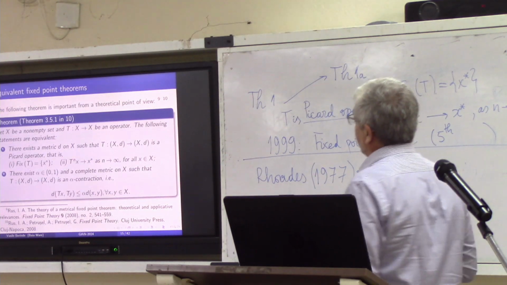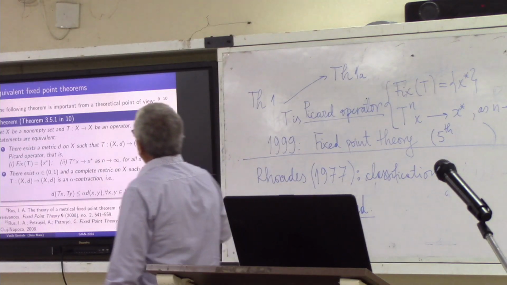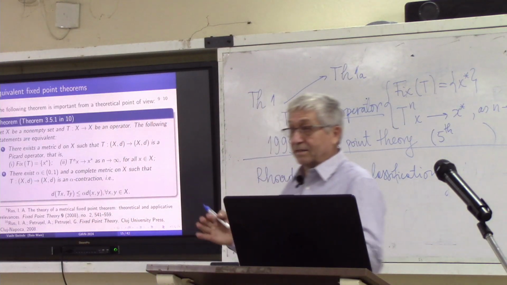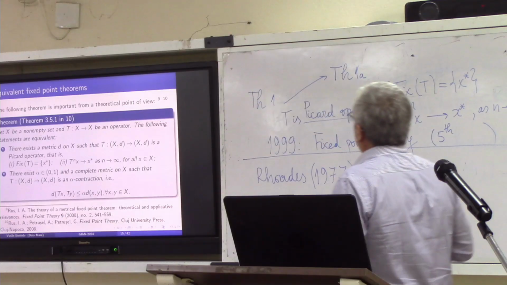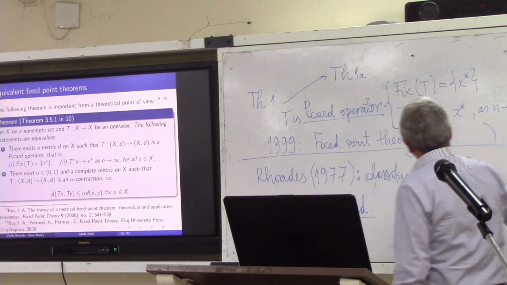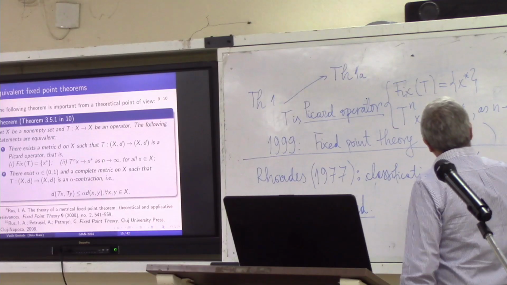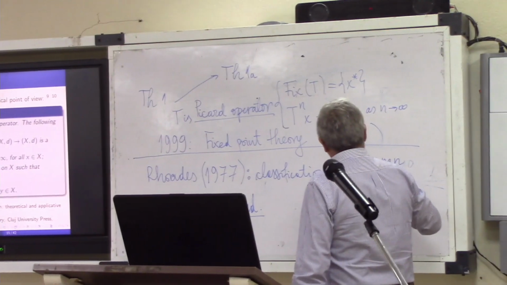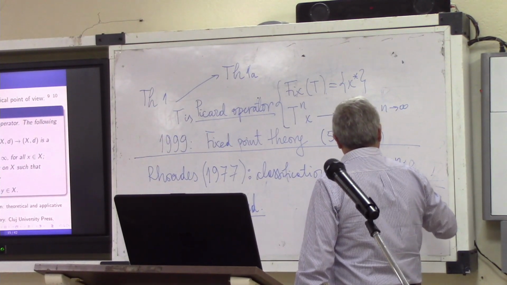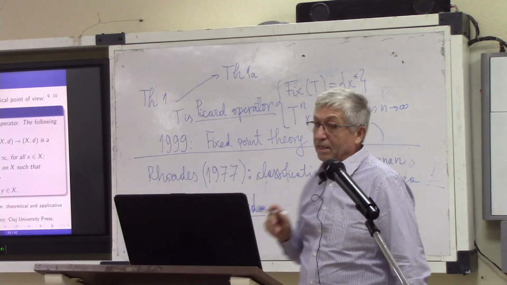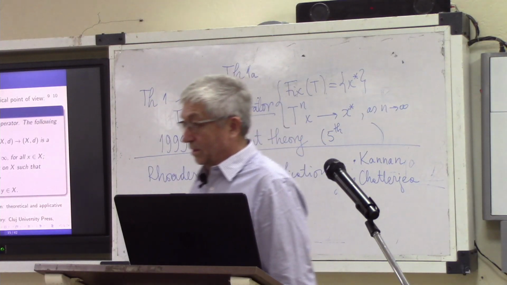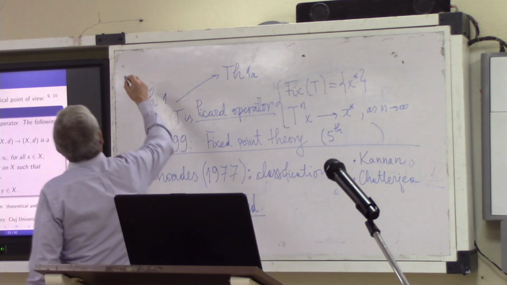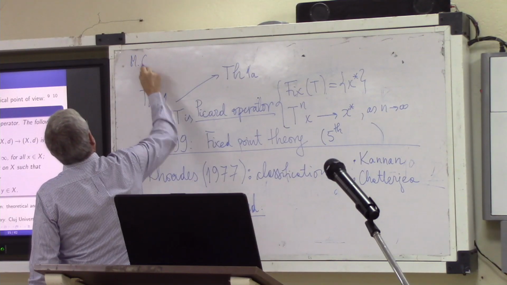But this is in theory. In practice, it's not easy to find this metric, to construct this metric. So these theorems are important. Kannan we can apply to some kinds of problems, Chatterjee to some other kinds of problems. Recently, I attended a workshop in Belgrade, in Serbia, and there is a lady, Maria Cvetković.